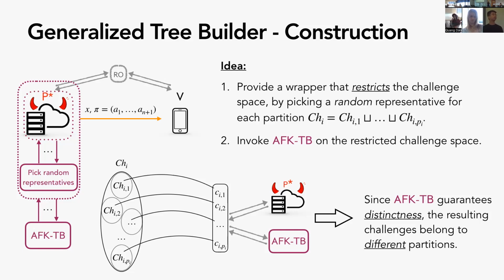So how do you ensure that the resulting challenge space is large enough and random enough? Because this depends on how you pick your partitions, right? Yeah, it does. So in the examples of Spartan and Bulletproofs, the partitions we choose are very equal.